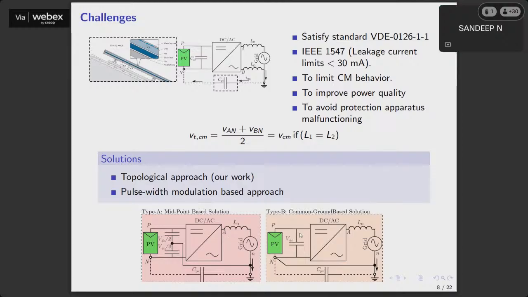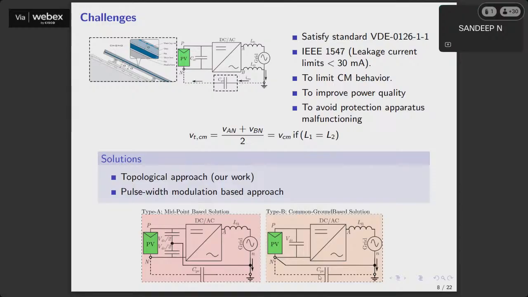Then we have the common ground type configuration. In this case, instead of connecting to the midpoint, we connect the AC grid neutral with the negative DC bus. That is what is done here. You can see the neutral point of the AC grid is connected to the negative DC bus. As it is visually clear, the moment you do this, the parasitic capacitance is ideally short circuited.